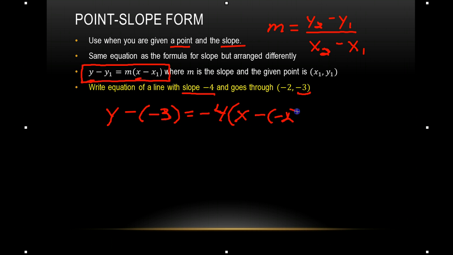Now, this isn't going to be one of your choices because it's not simplified. We don't write things with subtracting a negative. We clean that stuff up. So subtracting a negative would be the same thing as adding.